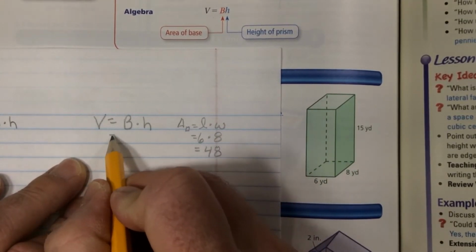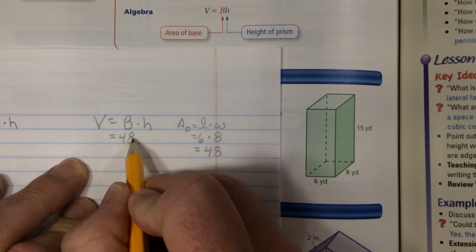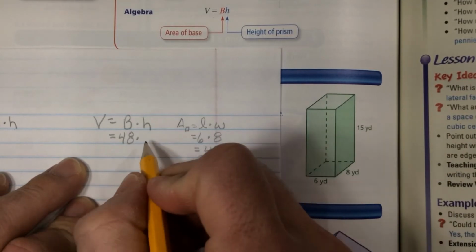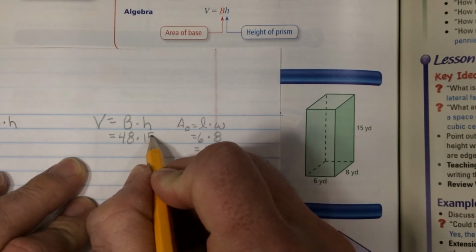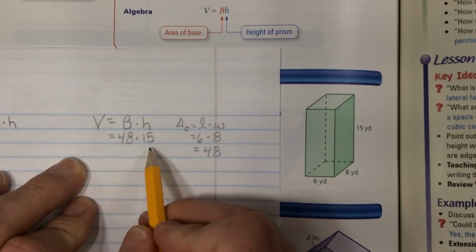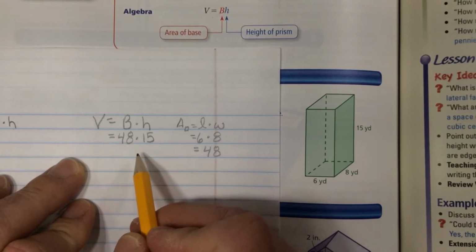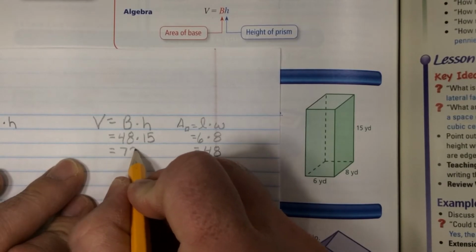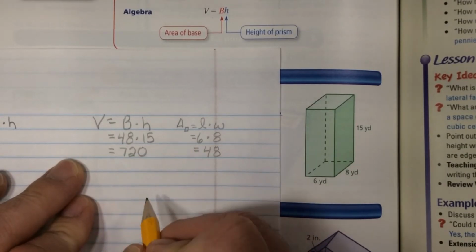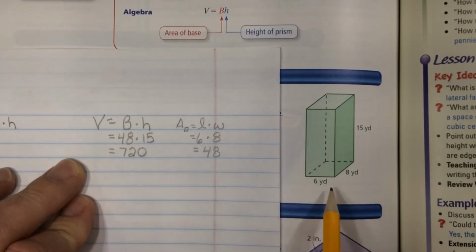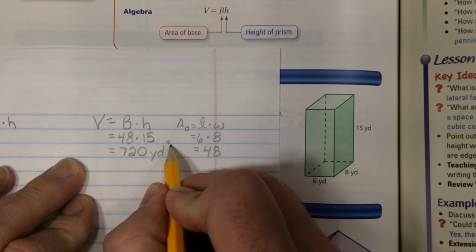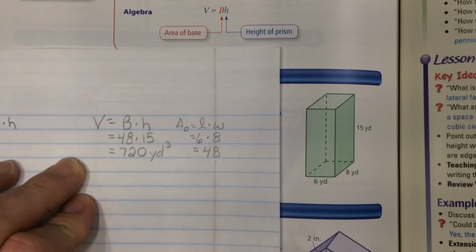So the area of the base is 48. And now we multiply that by the height, which is this 15 right here. And 48 times 15 would be 480 plus 240, 720. 720 yards cubed, because it's volume.